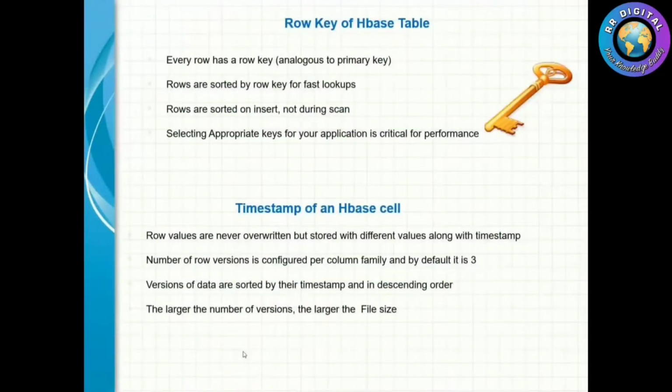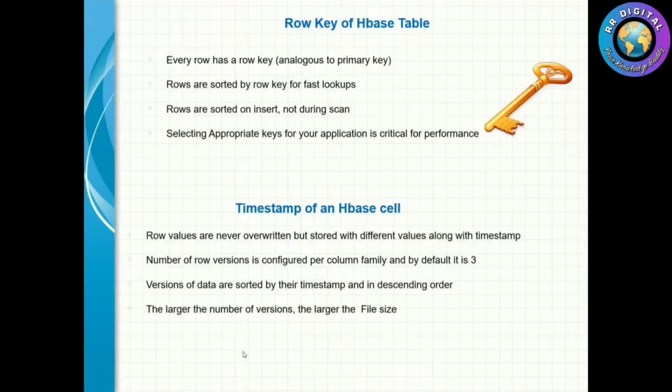Coming to the second topic, the HBase data model. Every row has a row key, so a row key is mandatory. To recognize a row, the row key is compulsory. We have to consider one column as the row key. Also, rows are sorted by row key for fast lookups, and rows are sorted on insert.